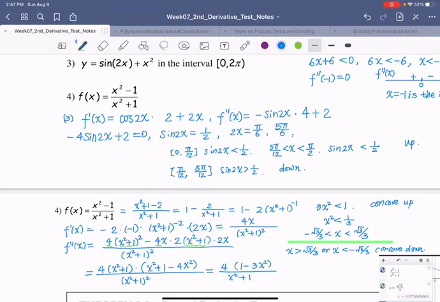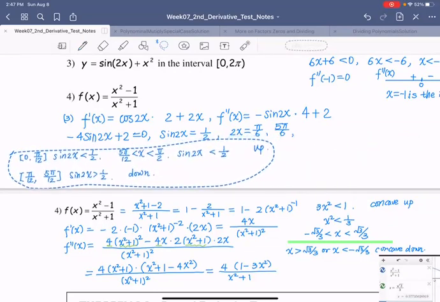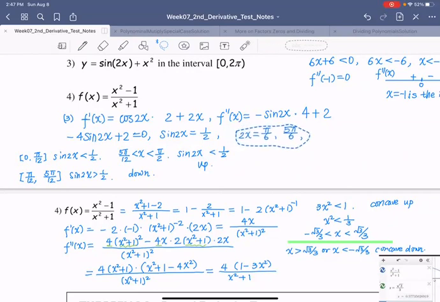Okay, let me put this one over here. When 2x equals pi over 6, x will equal how much? Pi over 12. When 2x is 5 pi over 6, x equals 5 pi over 12.